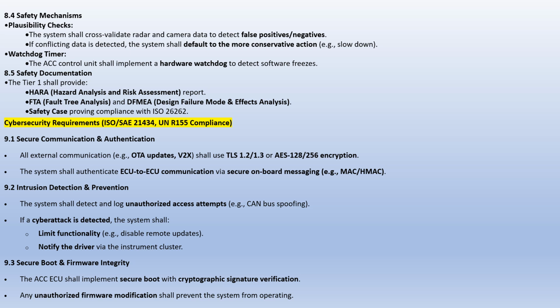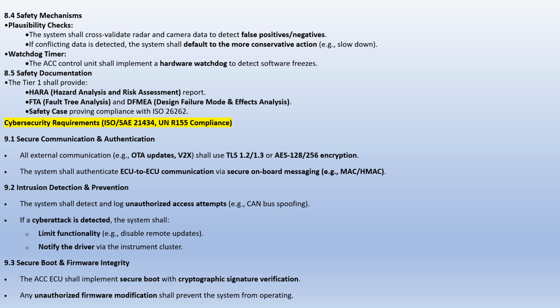To be very honest with you, this encryption is beyond the scope of my knowledge also. But just note down that TLS 1.2, 1.3 is a type of encryption which makes sure that it cannot be easily hacked. So this encryption is required for external communication. When you are communicating with V2X or OTA, this communication protocol is very important.